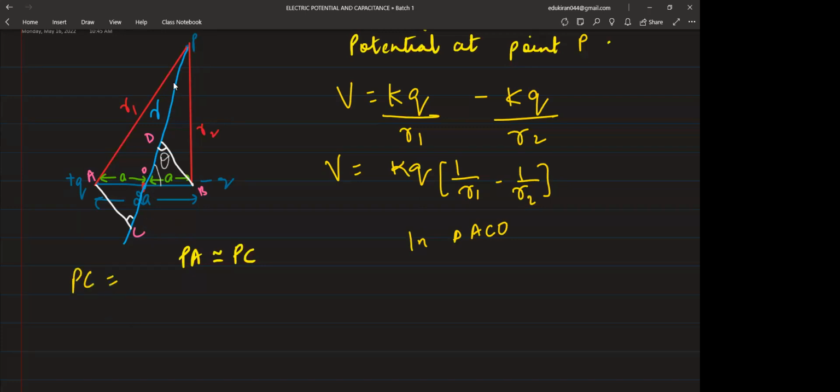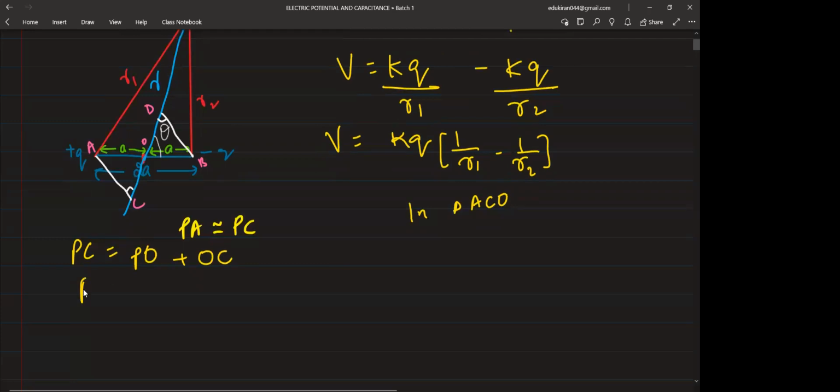PC can be written as PO plus OC, right? PC is this entire length, which we have replaced. Now, what can we write PC equal to? We can replace it with PA.